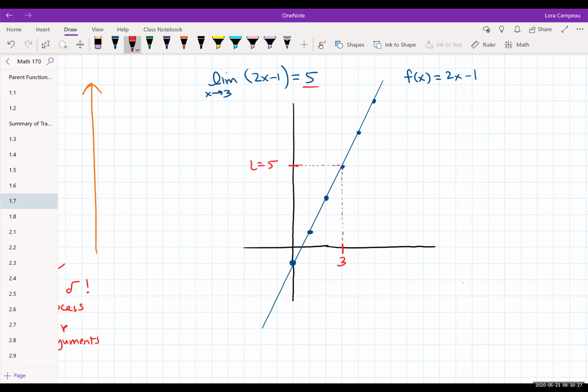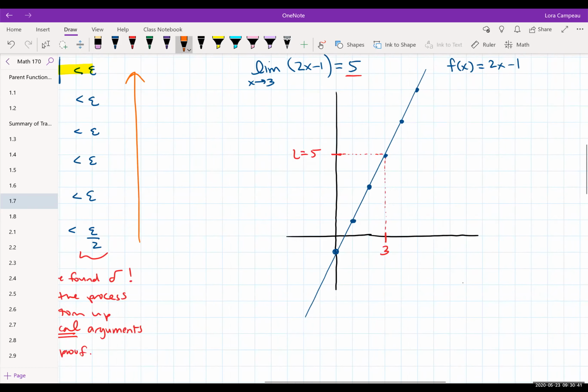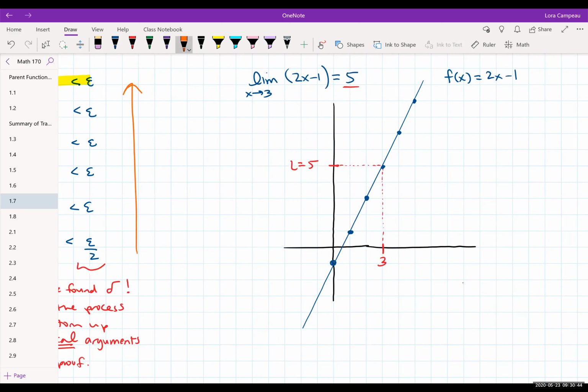Now here's where the epsilon delta comes in. The first thing we're looking at is letting epsilon be a certain distance away from the limit on the y-axis. So let our epsilon, in our case, be 0.1. It's always a very small distance. If you get too large, you get too much of a delta. We can look at where the limit is.